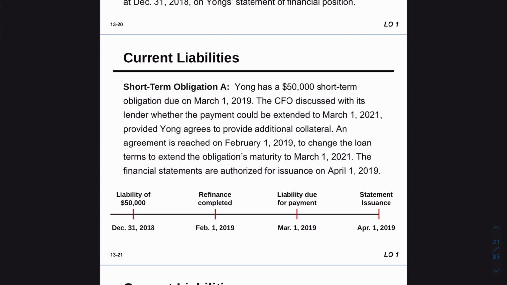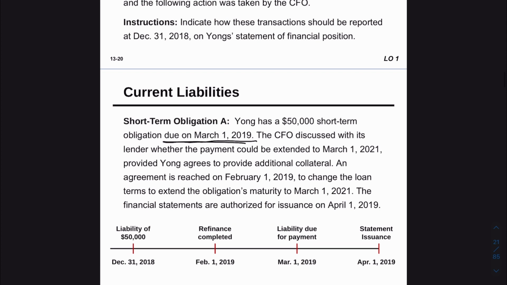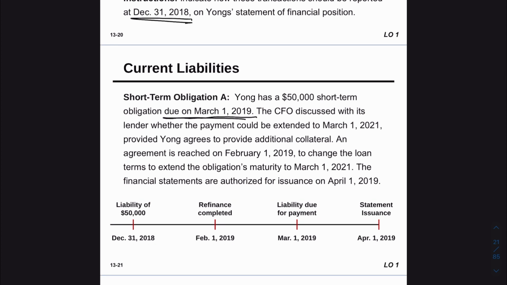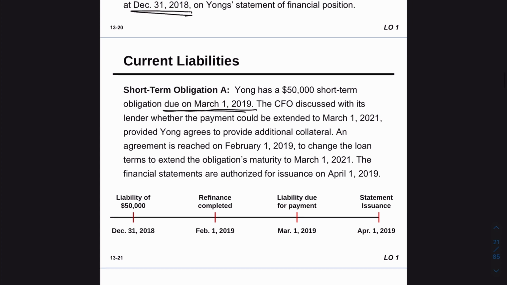So the first one, short-term obligation A, is that Young has a 15,000 short-term obligation due on March 1, 2019. Which means that we've reported that obligation on December 31, 2018, but the payment is due on March 1, 2019, okay, for 15,000.